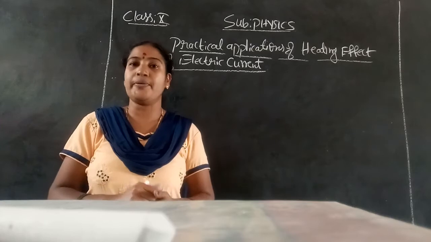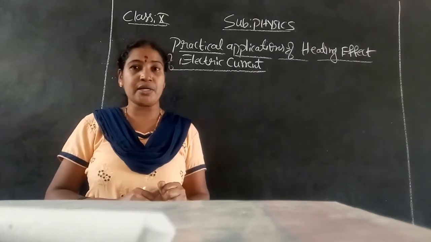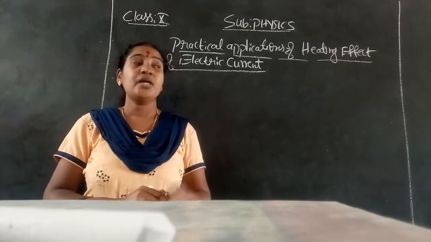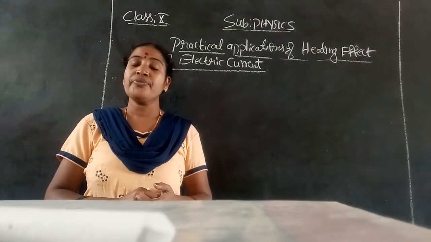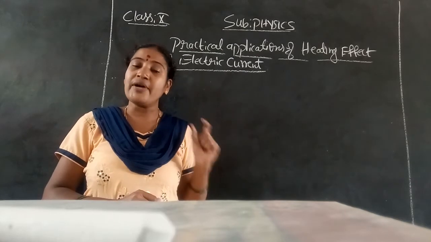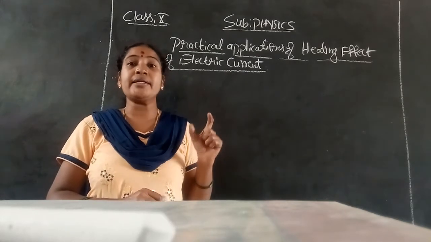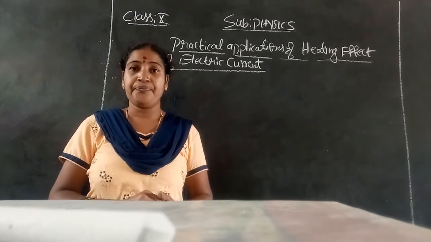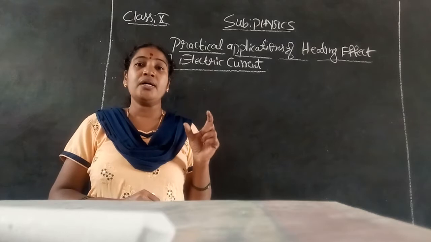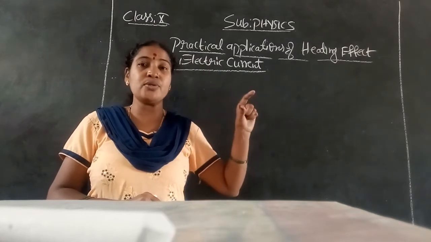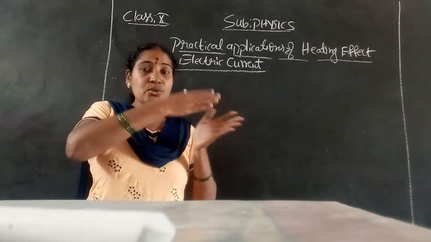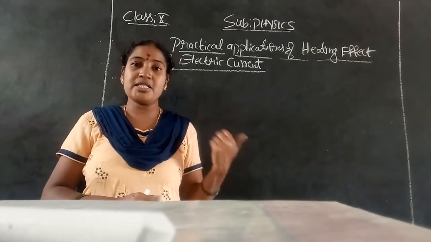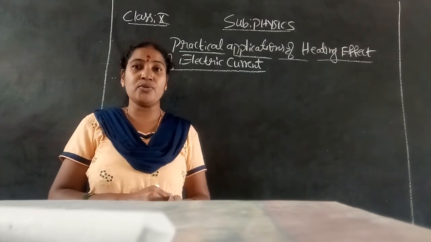That is known as the load. In a domestic electric circuit, each house has a separate connection through which the current flows, and a fuse of 5 amperes, 10 amperes, or 3 amperes is available in each house, next to the main electric meter. I will explain later for what purpose we use the fuse.